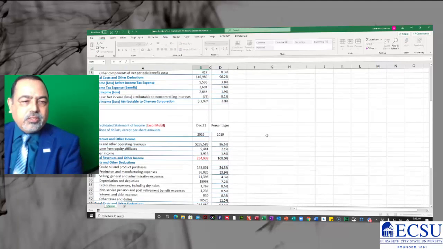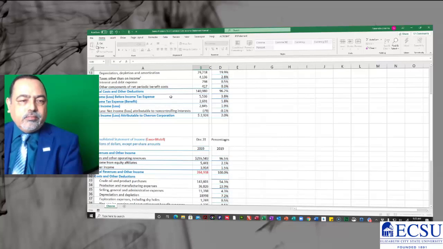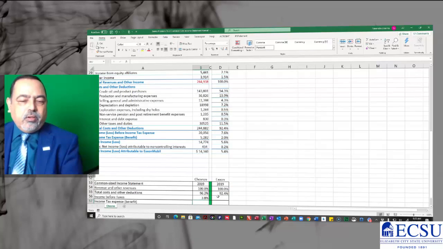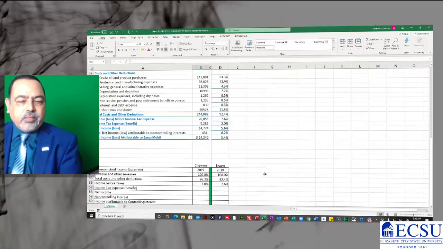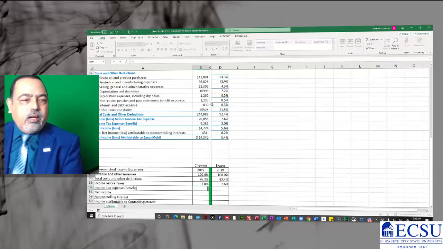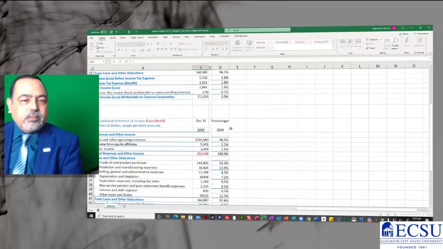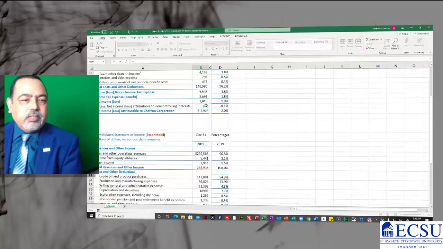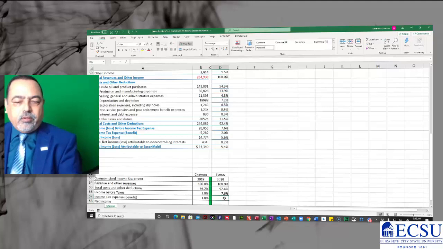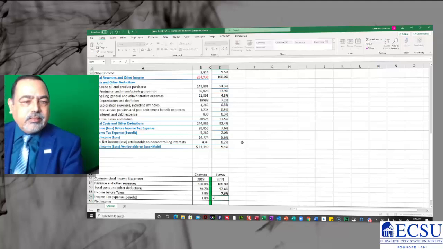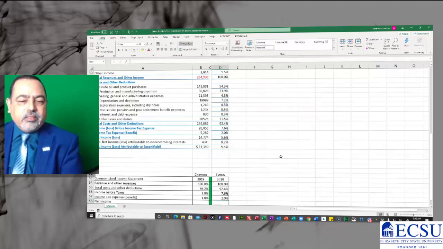And then let's see the income before taxes. For Chevron, income before taxes is 3.8%. For Exxon, income before taxes is 7.6%. And then income tax expense for Chevron is 1.8%, and for Exxon Mobil it is 2%.